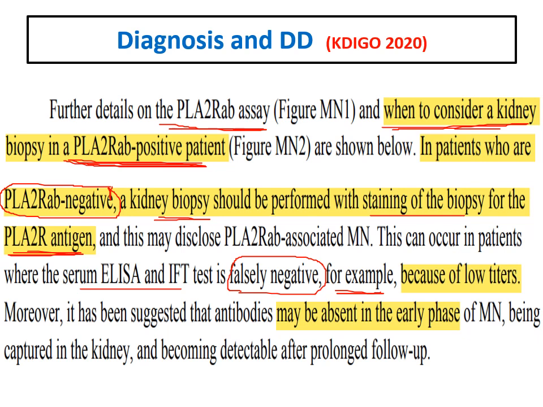Why is it positive in the kidney tissue but negative in serology? This might be due to a low titer of the antibodies, and also another theory is that in the very early phase of membranous, these antibodies might be absent, being captured in the kidney, and they will be detectable later.